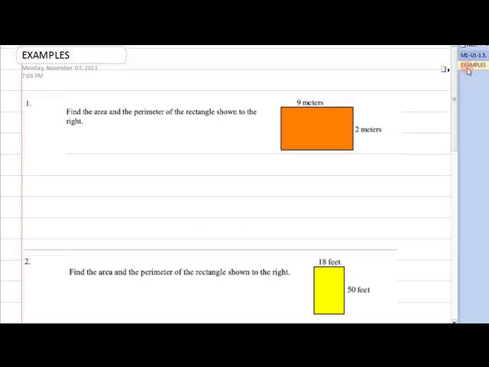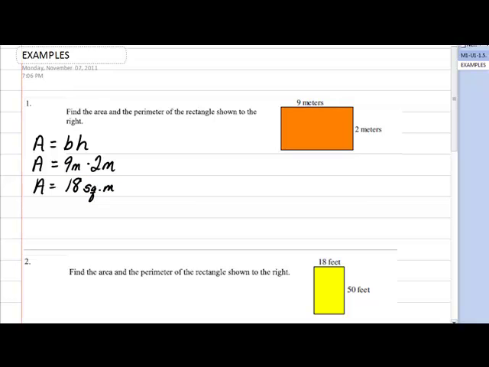I've got my calculator handy. This one has two parts. First, it wants to find the area of the rectangle. Area has a formula. It's base times height. Area is 9 meters times 2 meters. Area is 18 square meters.